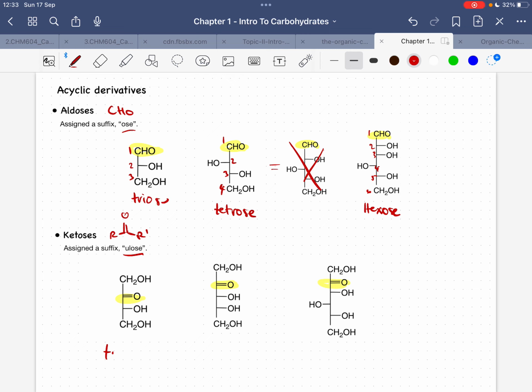Sorry about this. So this becomes a tetrulose, because it has 1, 2, 3, 4 carbon atoms. This one is 1, 2, 3, 4, 5, a pentulose. This one is 1, 2, 3, 4, 5, 6, a hexulose. So to identify, if there is an -ulose suffix, that's a ketose, but if it's just -ose, that's an aldose.